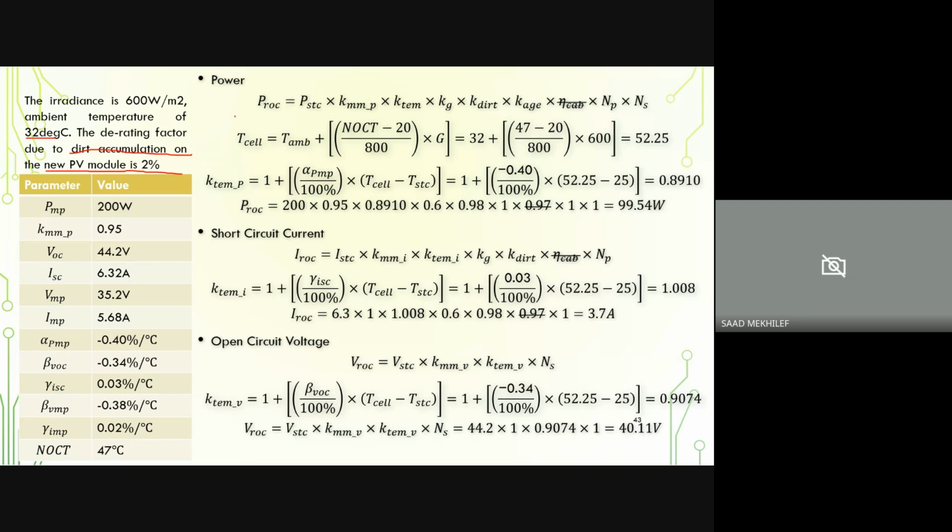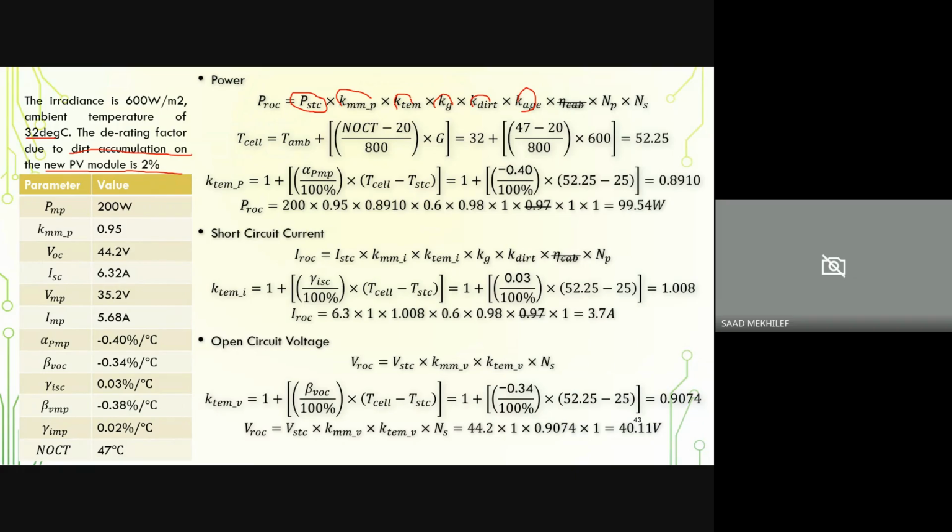When we do the calculations, the total power is the power at STC, like we said just now, 250 watts, plus the derating factor due to temperature, the derating factor due to irradiance, the derating factor due to dirt, and the derating factor due to age.